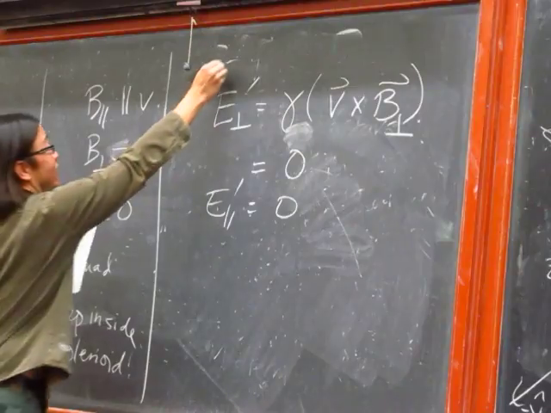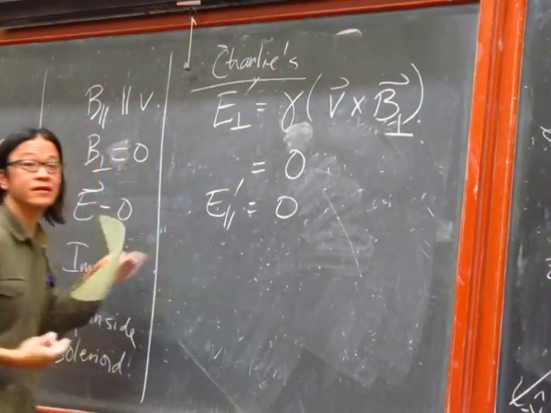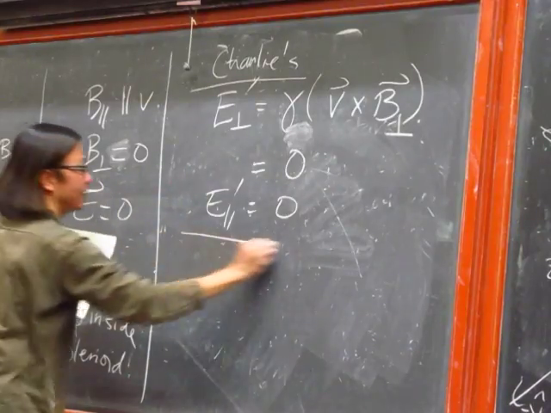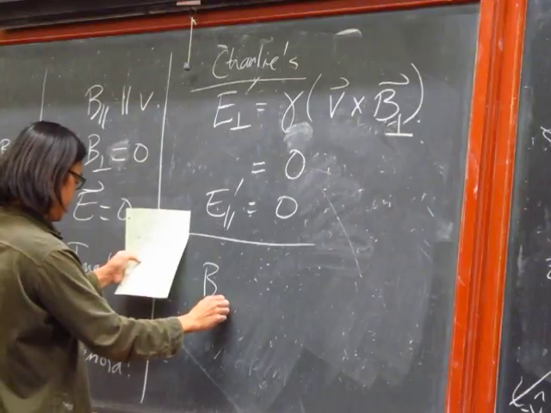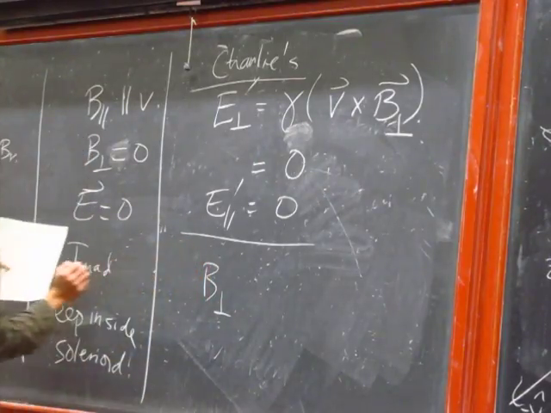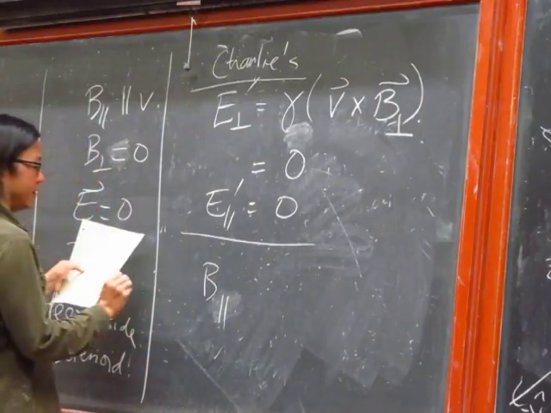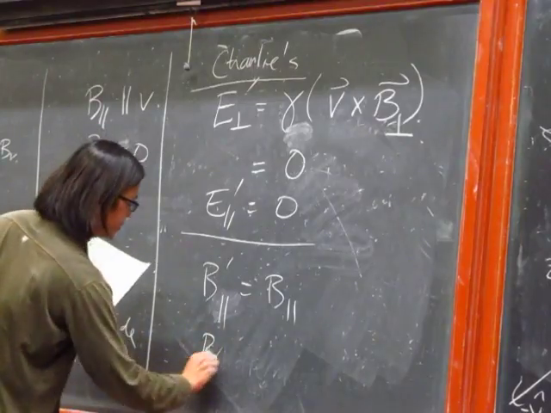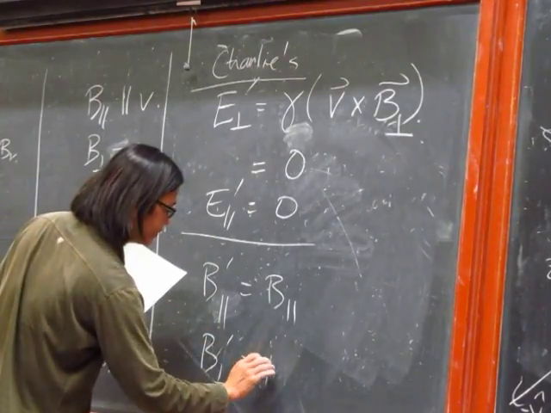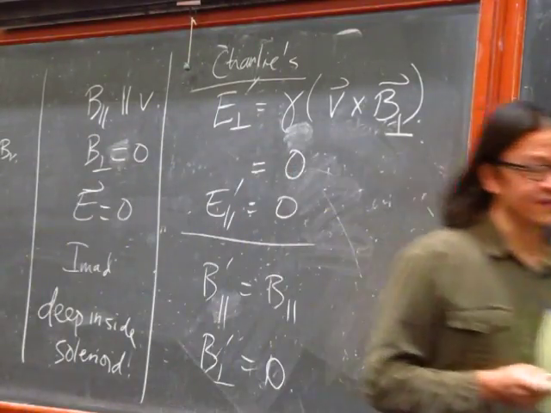According to Charlie, there is no V. And the B field is the same. The only B field that's there is B parallel. It's always B parallel, and B perpendicular is 0. So something is still missing.